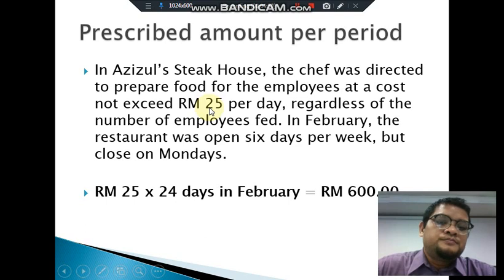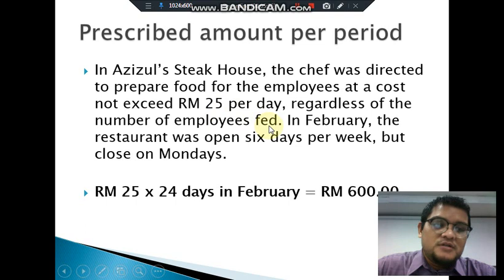Whatever the chef does, the cost of employee meals cannot be more than 25 ringgit per day, regardless of the number of employees fed. So it doesn't matter if the number is higher or lower, the cost of producing food for employee meals is only 25 ringgit per day. Guys, this one is cost. Maybe you think, why is this so small, 25 ringgit for all employees? This is cost, not price. Cost only for the employee meals.